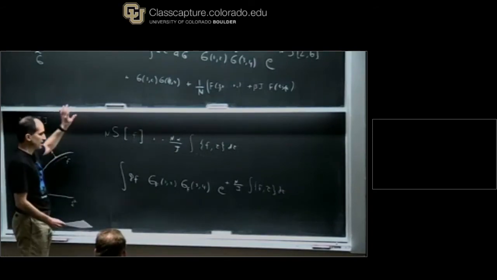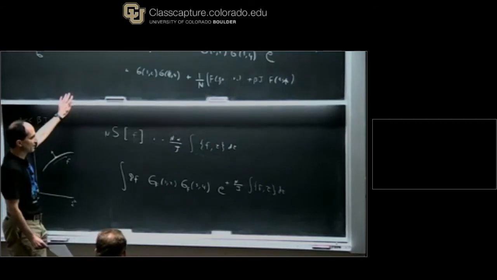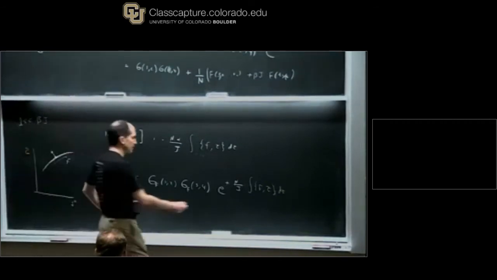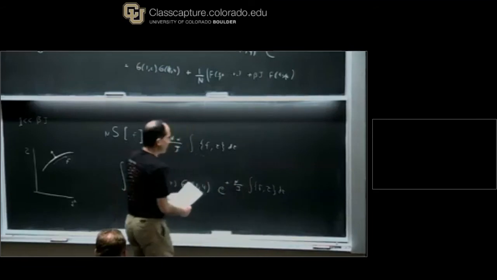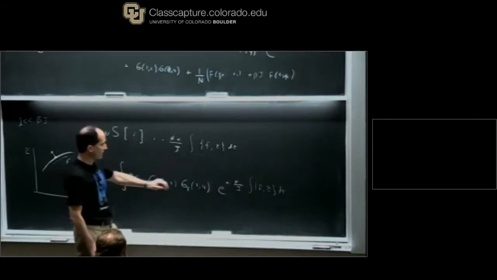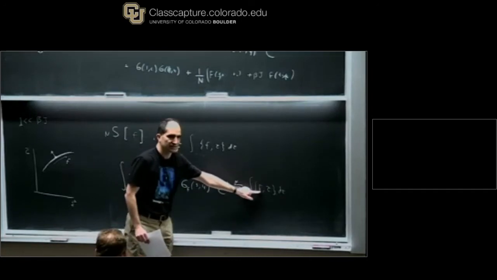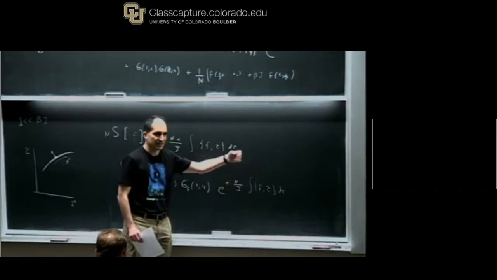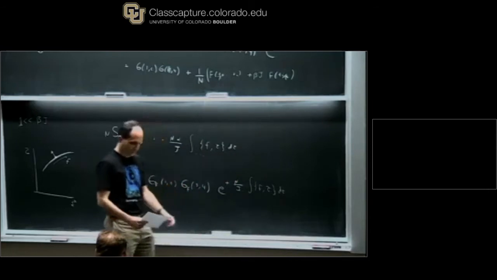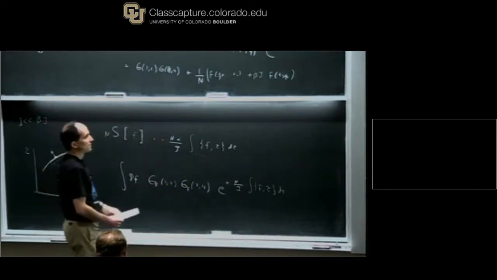We can do this in the context of perturbation theory, so in the context of a 1 over N expansion, where we further expand this action around the classical solution, considering fluctuations around it.